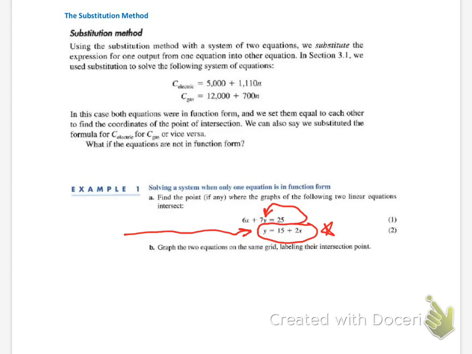If it's only written in terms of x's, you can easily solve through your algebra for the x. Once you have the x, plug it back into either or both equations, and you should get the exact same answer. That is the substitution method.